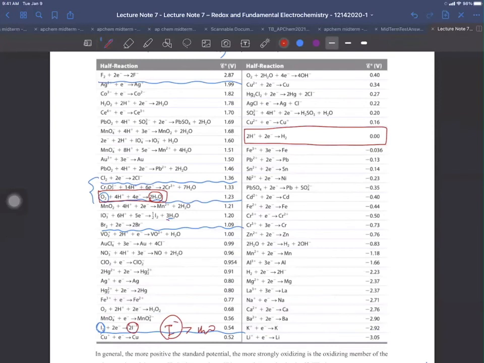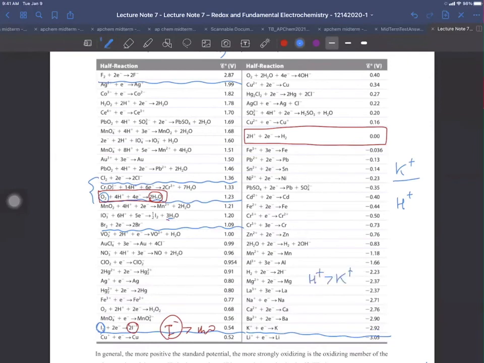So if we go back to the KI system, on the cathode we also have two competitive ions. The first one is K plus, another one is H plus, right? At standard state, I think it's very easy to conclude the H plus is much stronger at gaining electrons, right?